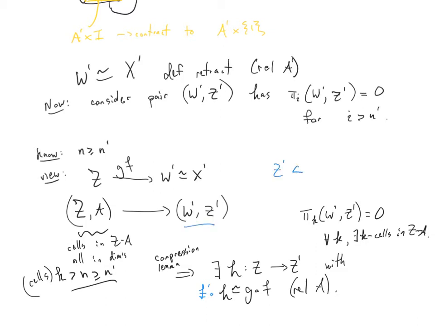So z prime is really including via f prime into w prime, because w prime then looks like x prime. So this homotopy, if you now collapse w prime onto x, ends up looking like the desired homotopy that you'd want.